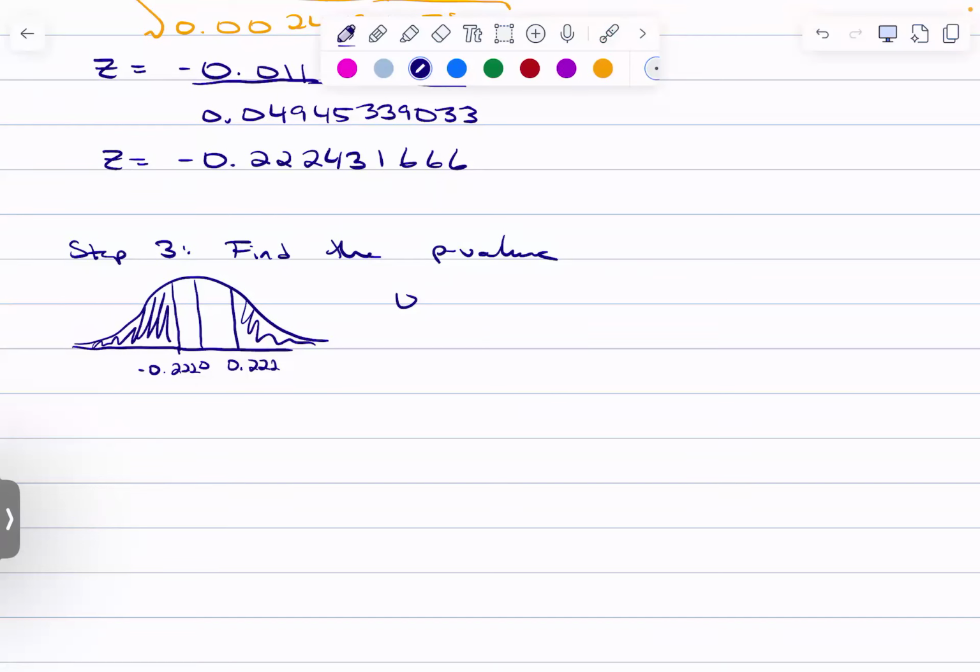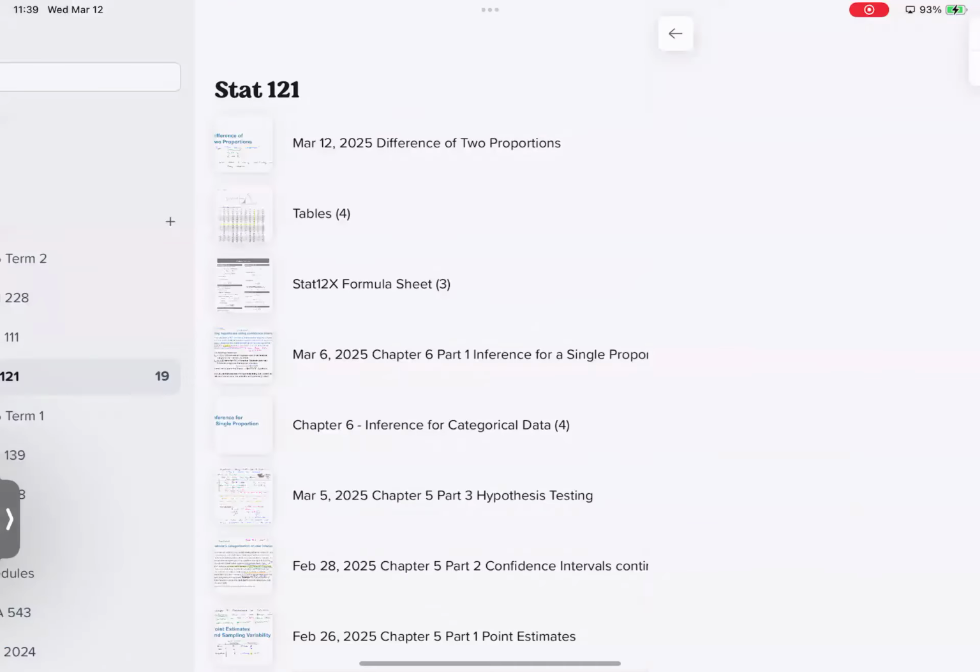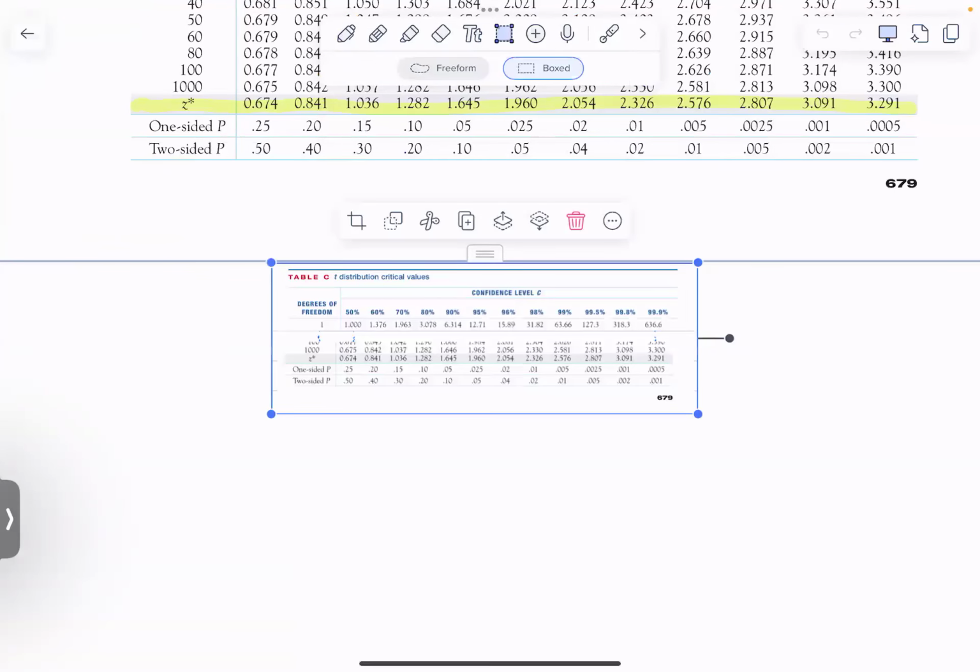But using the T table, which we haven't had a ton of practice with, we find that the absolute value of Z equal to negative 0.222, let's say 4, is going to be between two values. The absolute value drops the negative.